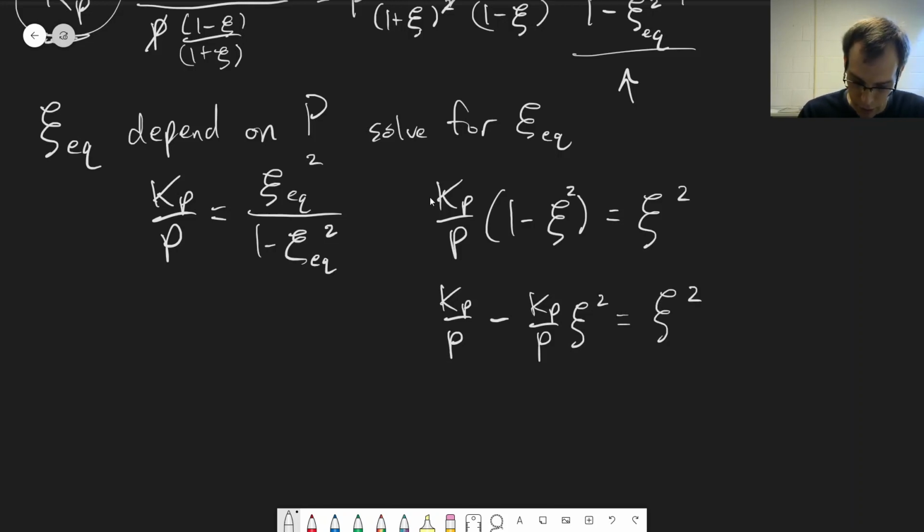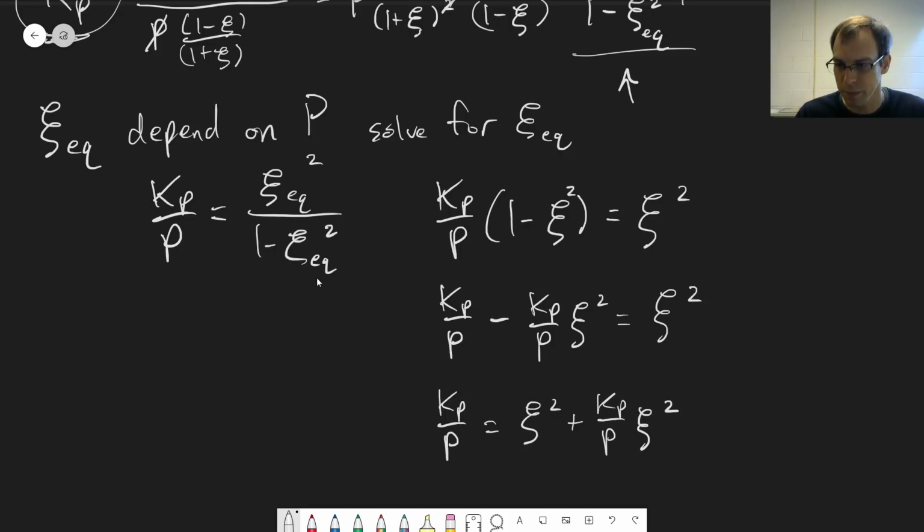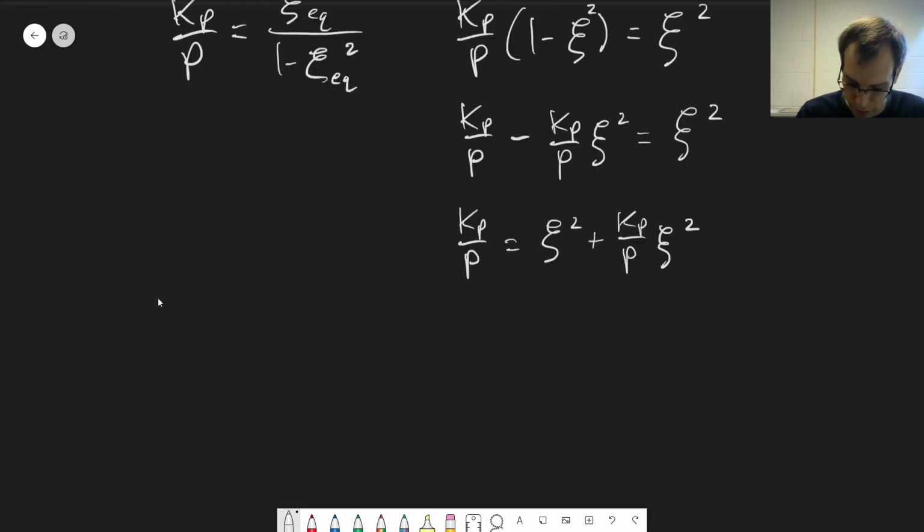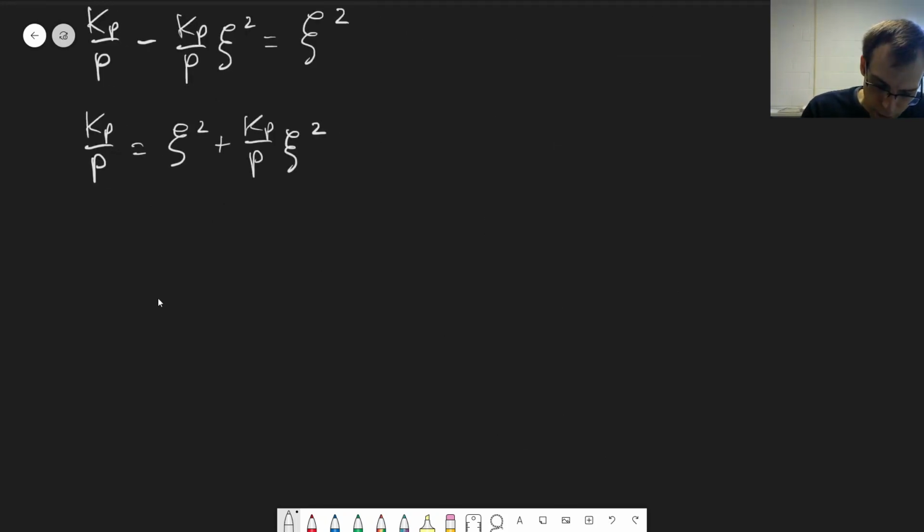All right, and now we can add our term on the right: Kp over P is equal to Xi squared plus Kp over P times Xi squared. Now we can factor out the Xi squared. So this is equal to Xi squared times 1 plus Kp over P. And we're almost there.